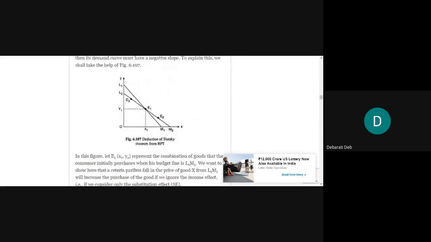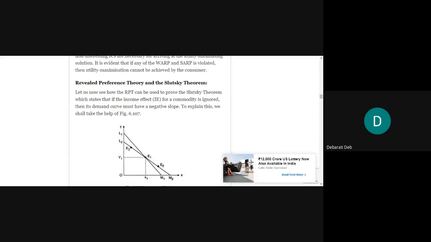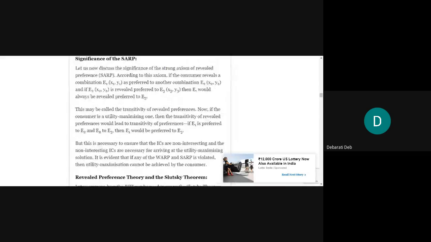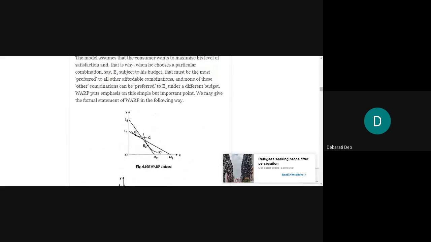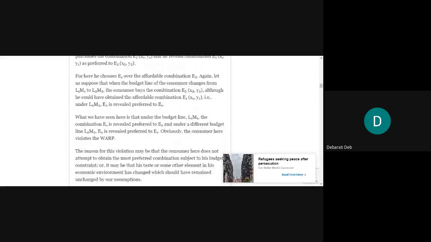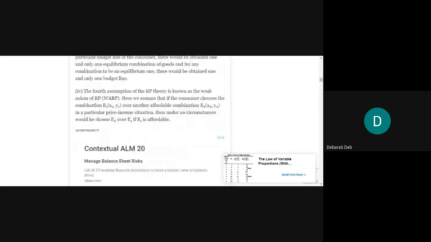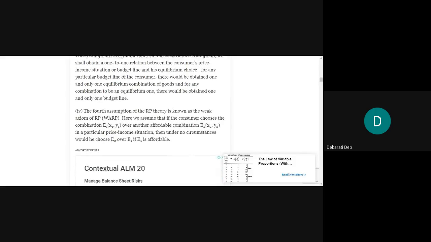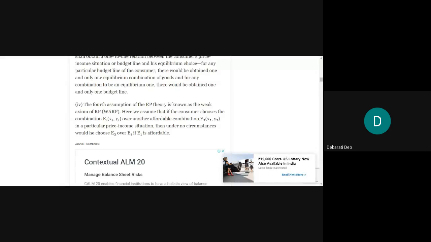If you have studied in the weekend that I had asked you to go through, you would be able to understand the concept of WARP, weak axiom of revealed preference. Let me take you back to that discussion. This was the fourth assumption under the list of assumptions of revealed preference.